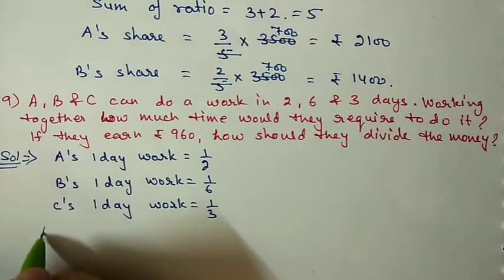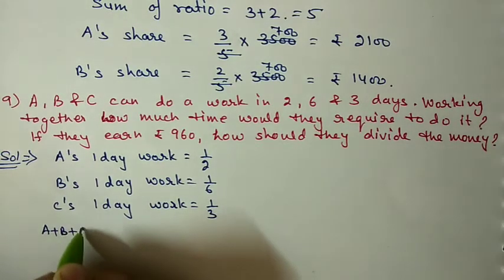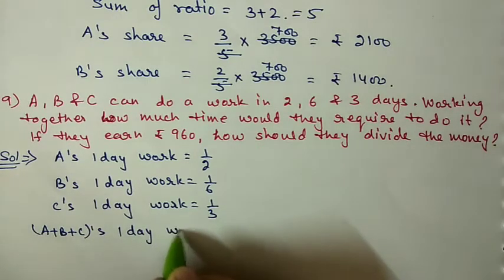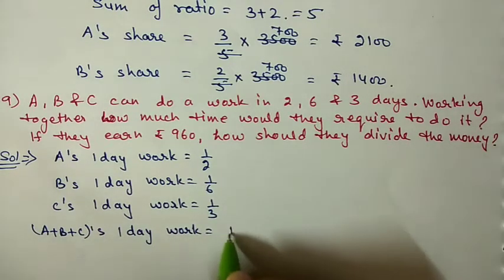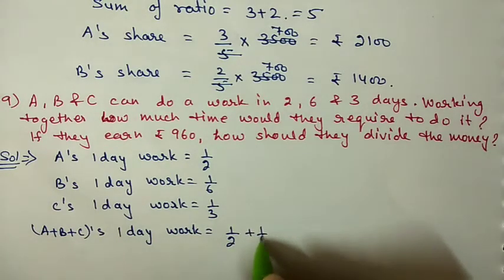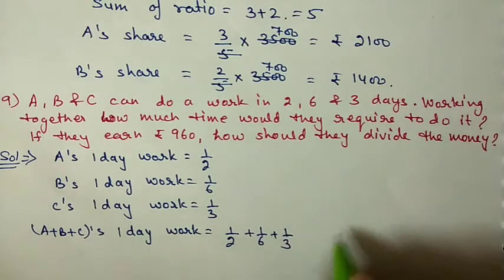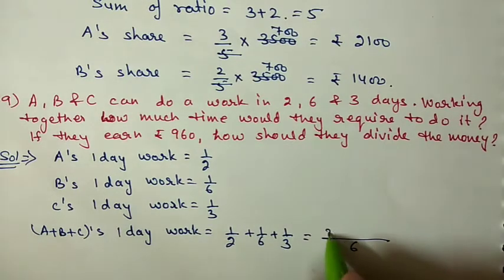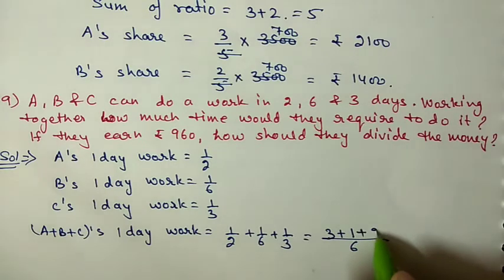And together A plus B plus C's one day work will be 1 by 2 plus 1 by 6 plus 1 by 3. We have to take LCM. LCM will be 6. 2 3s are 6, 6 1s are 6, and 3 2s are 6.